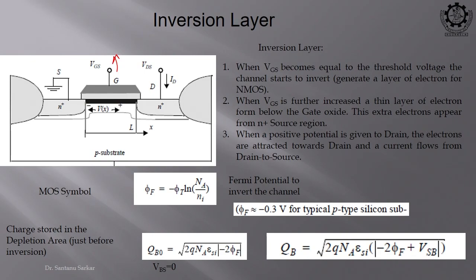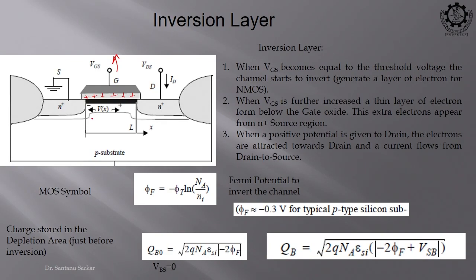So, if you have a positive voltage, the source and drain regions are N plus. N plus means majority carriers are electrons. So, you can think in two different ways. One is you are increasing your positive potential, so the positive charges at the gate terminal will keep on building up, right.